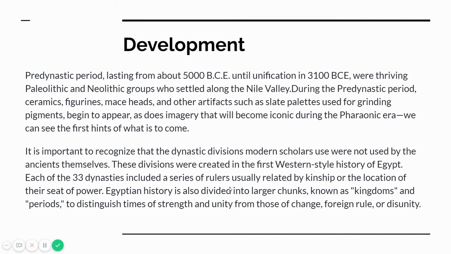And during the pre-dynastic period, in terms of art and artifacts, we see things like utilitarian ceramics. We see figurines. We see mace heads and other artifacts such as pallets that were used for grinding pigments.